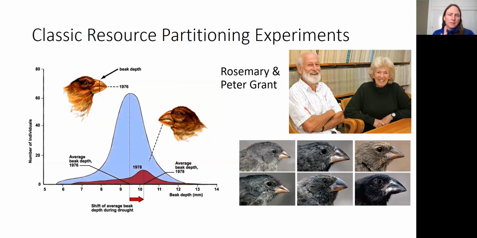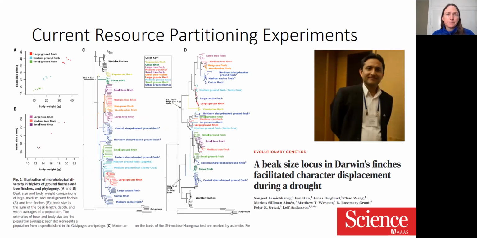And then the average beak depth two years later in 1978, showing that the beaks got larger or deeper. The reason is that a drought caused the reduction in seeds. And so really only these larger seeds were available and a lot of birds died off. So it was a massive natural selection experiment. And it caused the birds to shift their resource use. And that actually caused a character displacement in their traits.